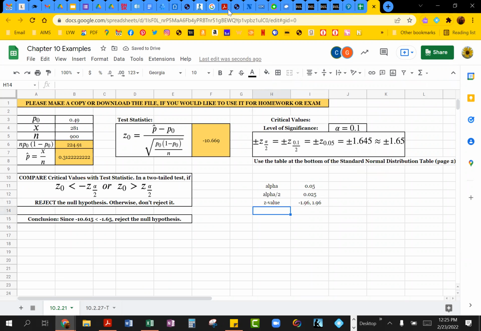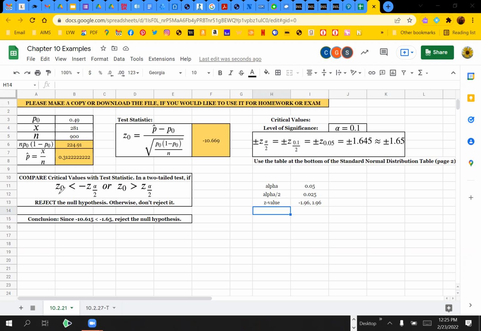So a little bit different than what we had done before, because we had ignored the negative sign last time, but here we will keep both the positive and the negative. And then over here, I'm talking about how you need to compare your critical values with the test statistics.